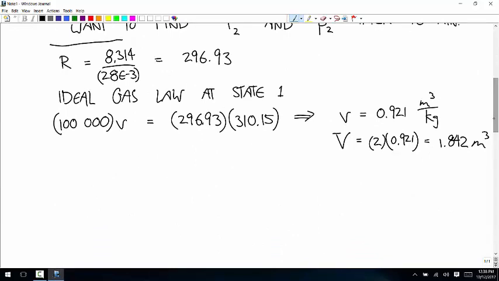Okay, so what can we do with the stuff we have? What we realized we could do last time is that we could figure out the change in internal energy from the first law. And we know that internal energy for an ideal gas only depends on the temperature.